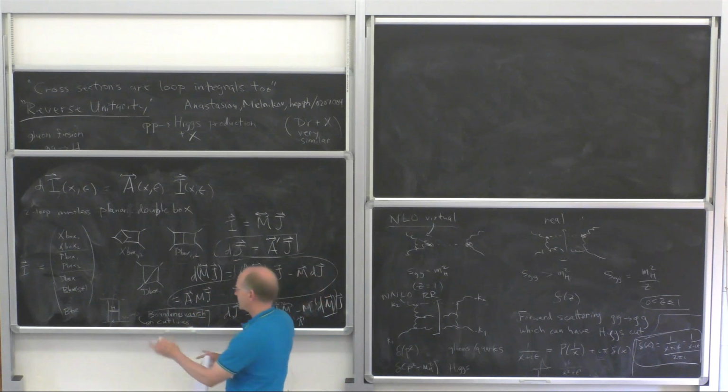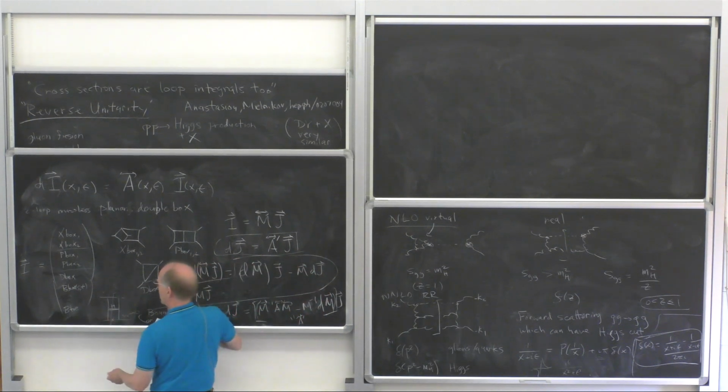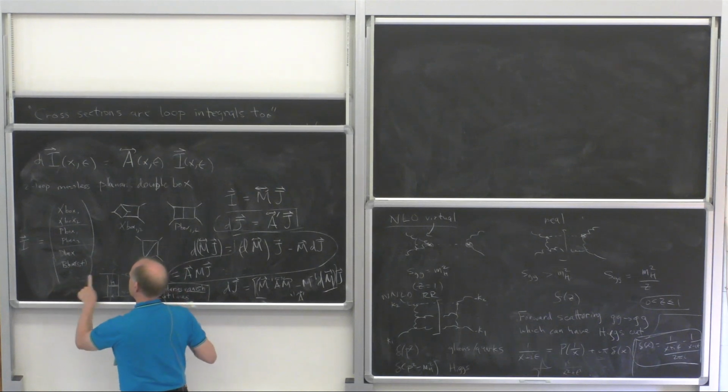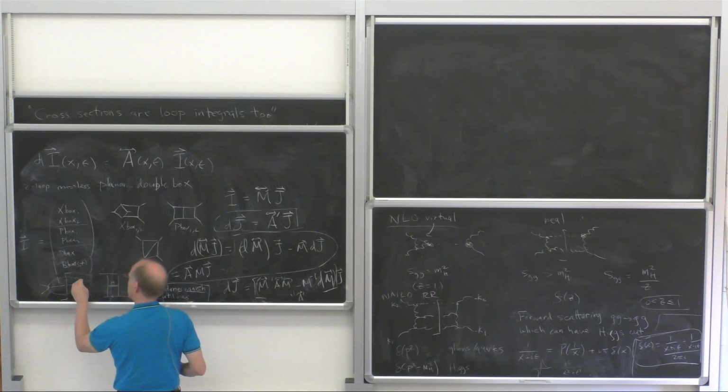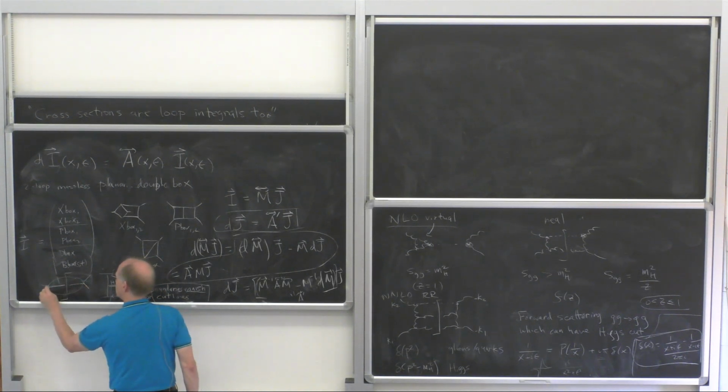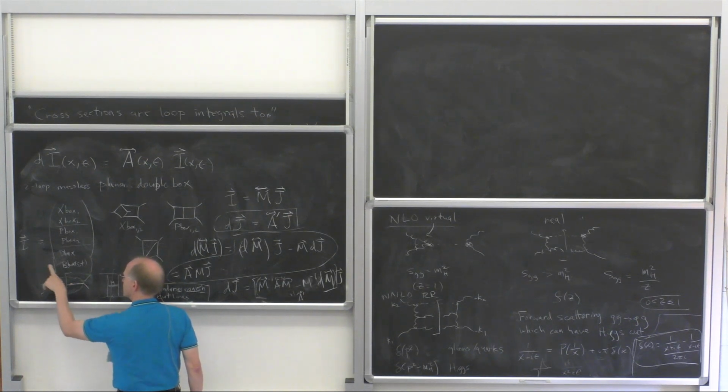And then after doing the integration by parts, you'll get other integrals which don't vanish. For example, you'll get this sunset master integral, where this is a Higgs line, and these are gluons.